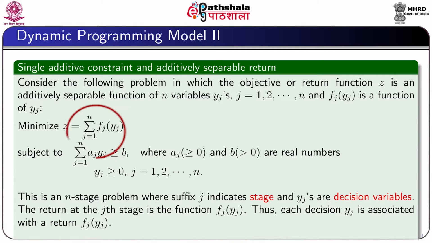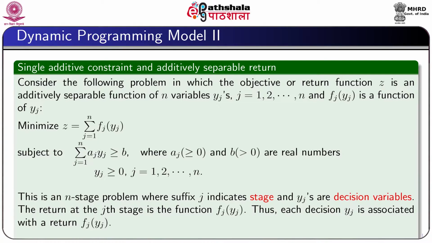Minimize z equal to summation fj(yj), where j varies from 1 up to n, subject to the constraint summation j equal to 1 to n aj yj greater than or equal to b. Here aj and b are real numbers, where aj is greater than or equal to 0, yj is greater than or equal to 0, and b is also greater than 0.